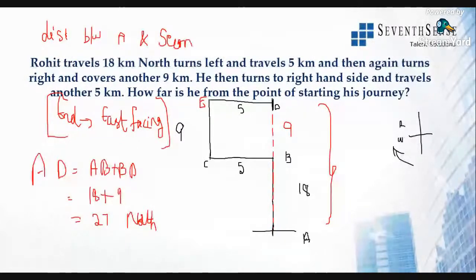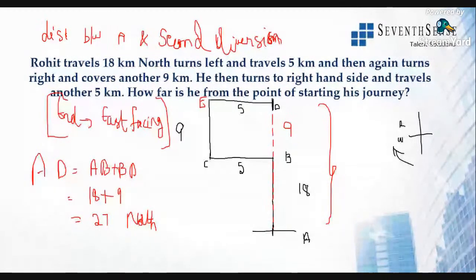This is the word that they usually use during the discussion, I mean, discussion in the sense of a test. So use the word second diversion. Second diversion in the sense what? Rohit travels north and turns left. Left is the first diversion, right? Second diversion is when he then again turns right.